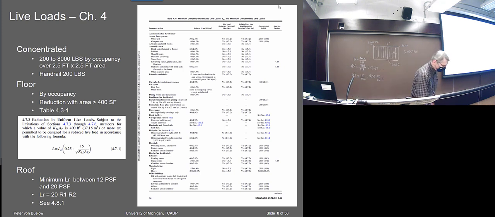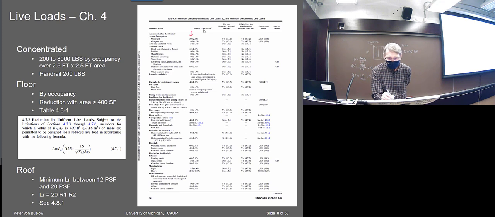And live load in the ASCE 7 gives you several charts by occupancy. So you look at the occupancy, and then it'll give you the load. It'll give you a minimum concentrated load that might occur, but the main one that's important are these loads.